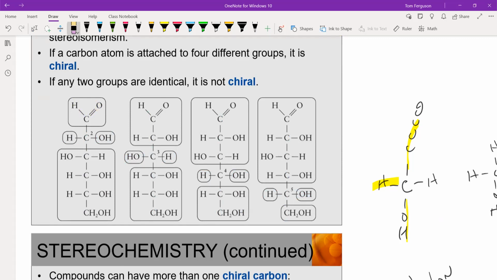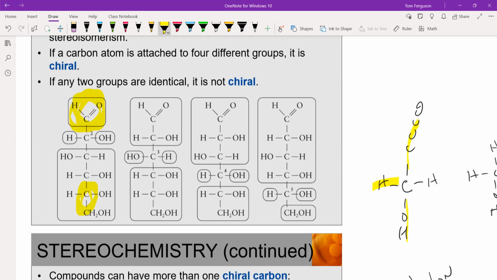Okay, if the molecule is strung out like these are, the chiral carbon farthest from the aldehyde determines whether it's D or L. That is the chiral carbon farthest from the aldehyde group, or the ketone group in some cases, for example, fructose has a ketone on it instead of an aldehyde.